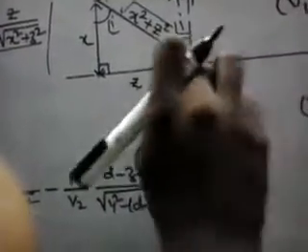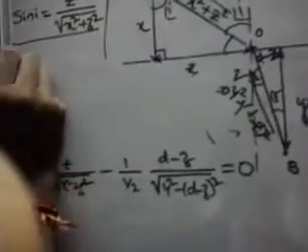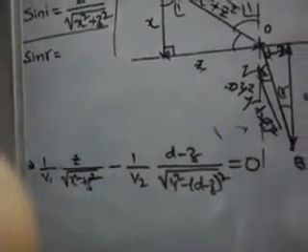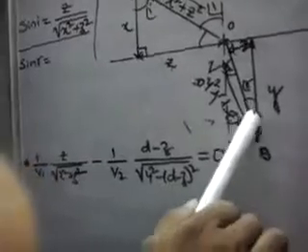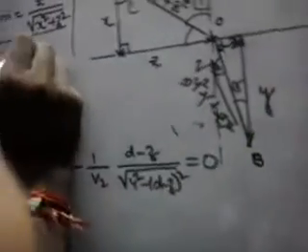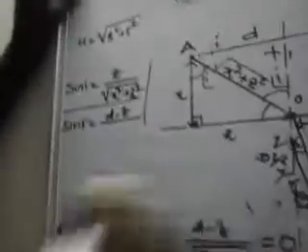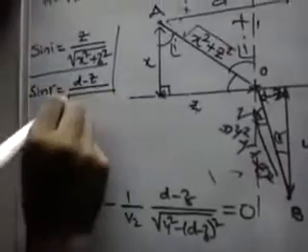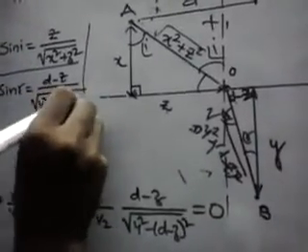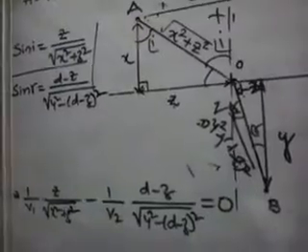From this triangle, I am applying sin r equals the opposite side, d minus z, by the hypotenuse, root over y square plus d minus z whole square.